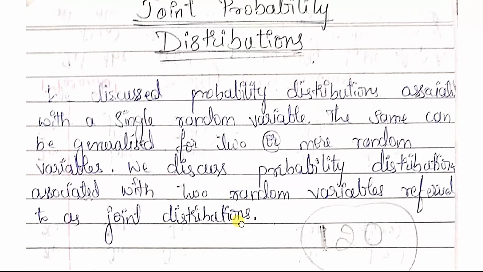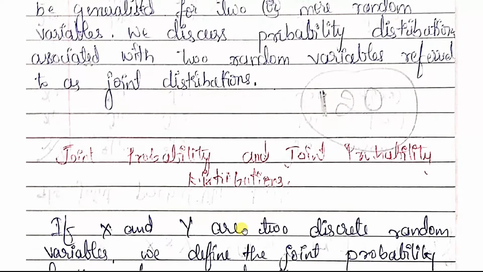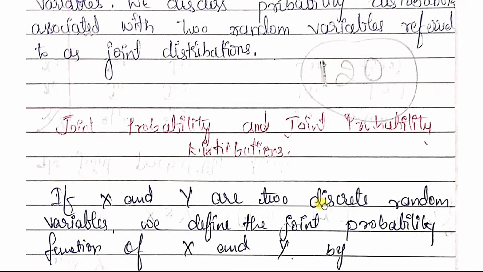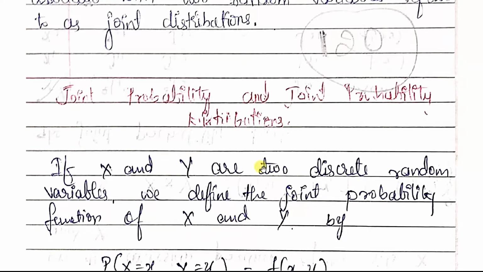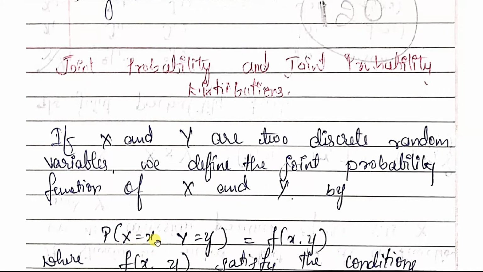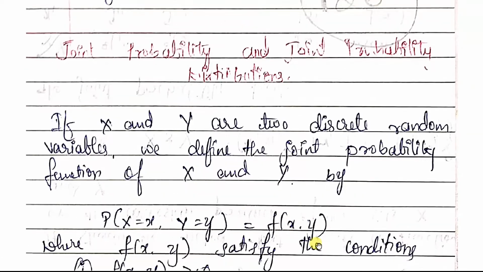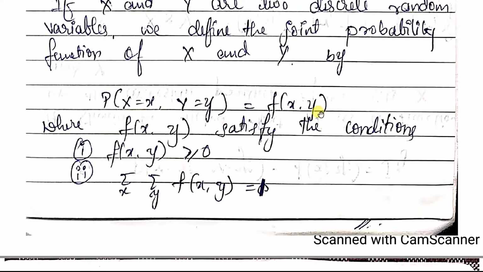Here in this joint probability distribution, if x and y are two discrete random variables, for suppose, then we define the joint probability function of x and y by P of X equal to x, Y equal to y, that is equal to f of x comma y. This is a very important thing, f of x comma y. P of X equal to x, Y equal to y is equal to f of x comma y, where f of x comma y satisfies the conditions.